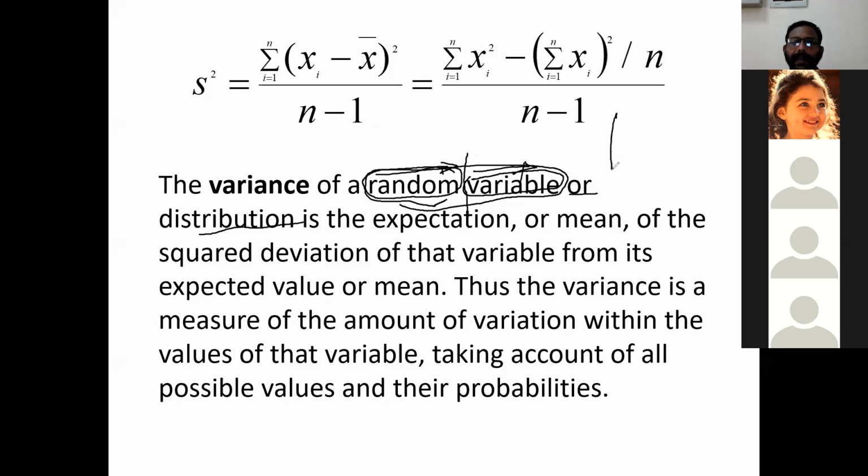Distribution means, for example, this is frequency and these are classes.